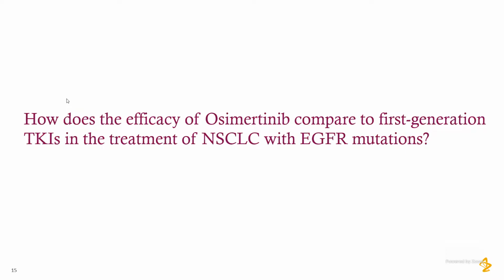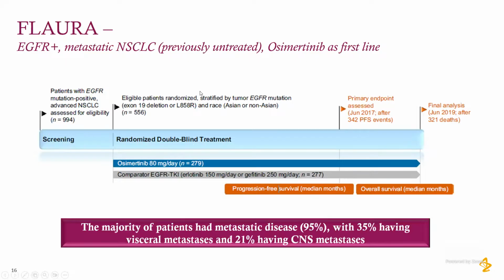TKIs, gefitinib and erlotinib. What they have done is they screened almost 900 patients, and as per the eligibility criteria, EGFR mutation of exon 19 deletion and L858R mutation, Asian and non-Asian. The majority, two-thirds, were Asian people.